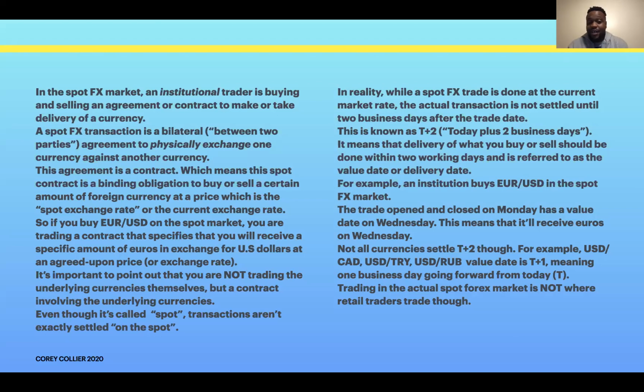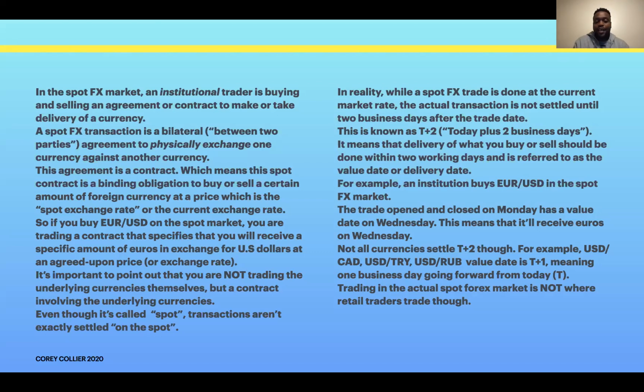This agreement is a contract, which means that this spot contract is a binding obligation to buy or sell a certain amount of foreign currency at a price, which is the spot exchange rate or the currency exchange rate. So if you buy your Euro USD on the spot market, guys, you are trading a contract that basically specifies that you will receive a specific amount of euros in exchange for the United States dollars at an agreed upon price. That agreed upon price, that's called the exchange rate.